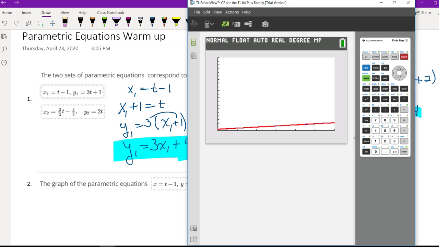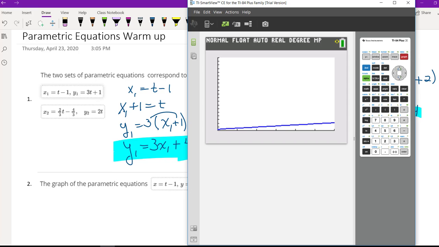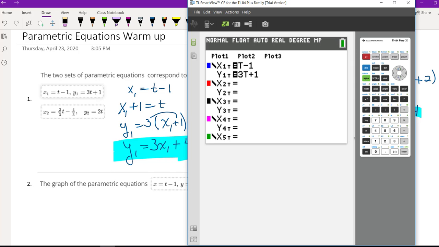And what you're going to see is, let me just do this because I already did it and you can't really see what's going on here. Let me clear that out, and then I'll put it back in. So if I hit graph, here's x1, y1, and then when I go under y equals again, I'll put the other one in.